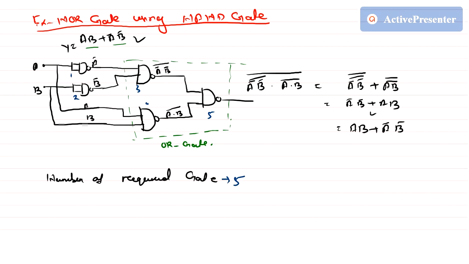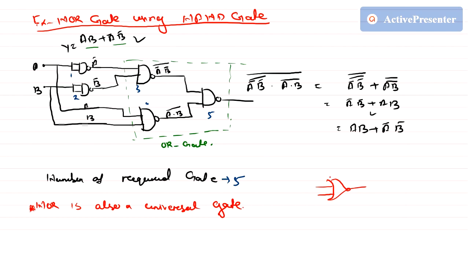This is why the NAND gate is called a universal gate, because we can implement all the gates using a NAND gate. Similarly, the NOR gate is also a universal gate. Remember this point: this one is your NOR gate, and it is also a universal gate.